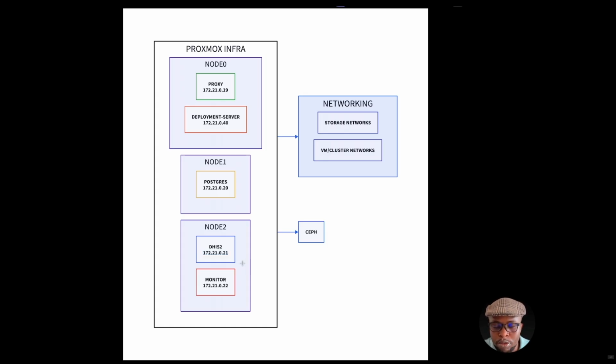When you move a VM, for example, from say node 2 to node 1, you're not actually moving storage across. You're actually moving the config, the CPU, the RAM settings, but the storage is all the time replicated. That is what Ceph is doing.